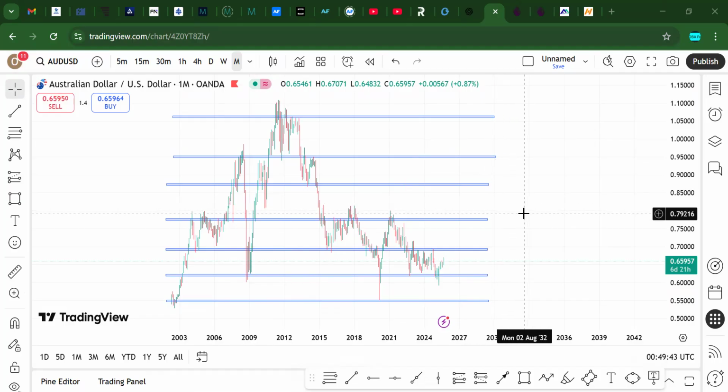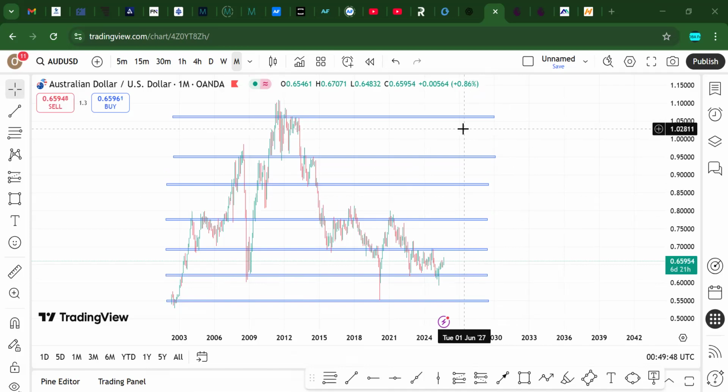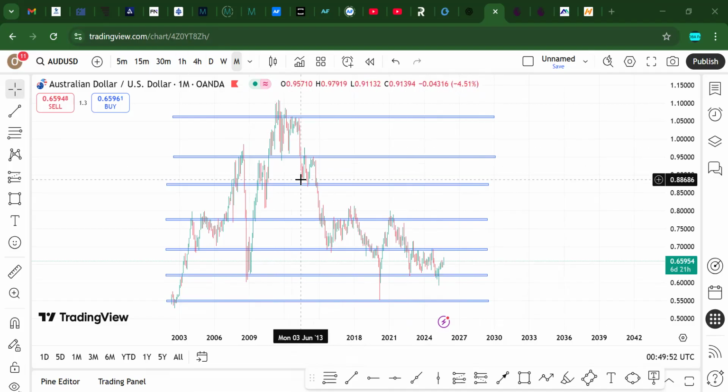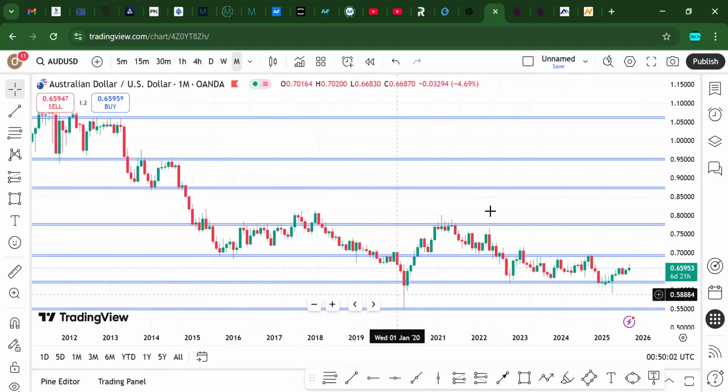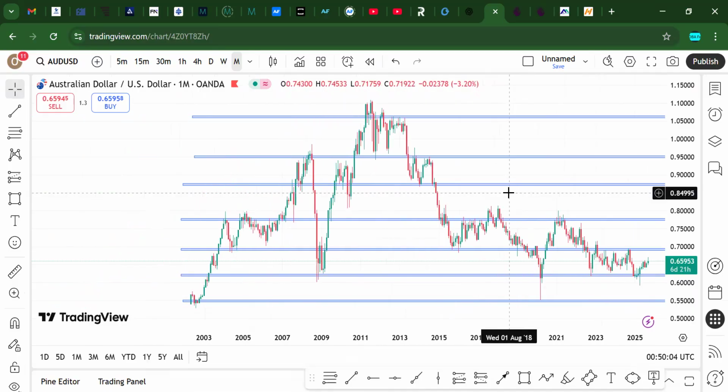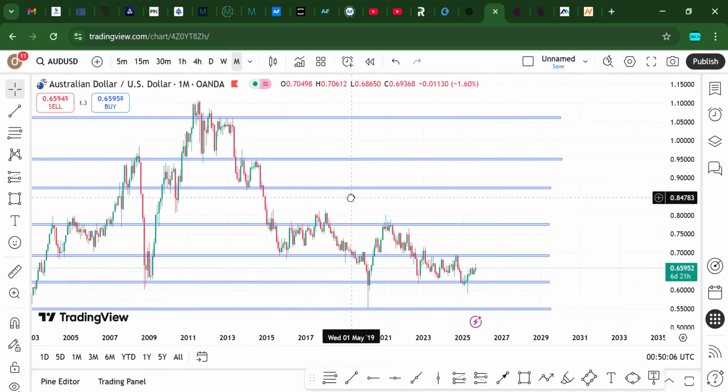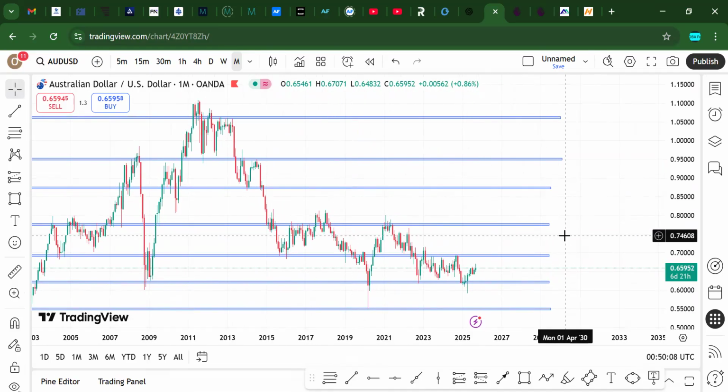As you all know, I do my top-down analysis using a pure price action trading strategy, and currently I'm on the monthly time frame. Like I always make us understand, what we try to achieve on the monthly time frame is to get a directional bias from the market, and on the weekly time frame we look for a structure of the market that we can work with, probably like a candlestick chart pattern.